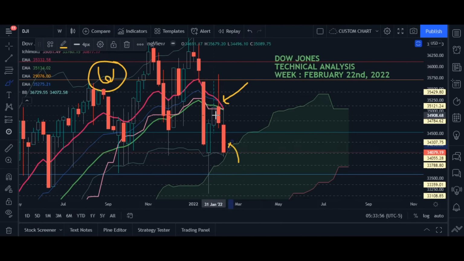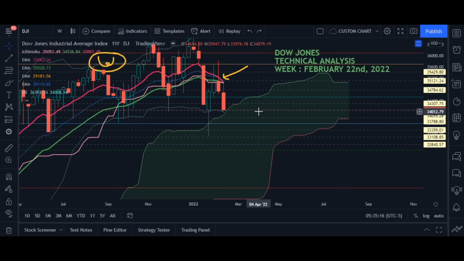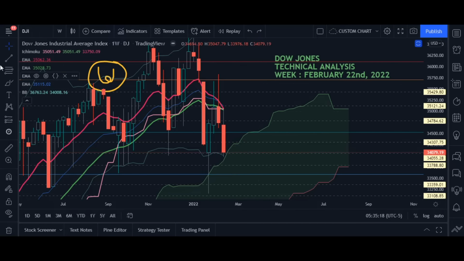Then comes the momentum, which is clearly supporting the bears. So through all of the technical indicators except Ichimoku, it is clear that on the weekly chart the market is bearish. On the weekly chart, it is clearly bearish.